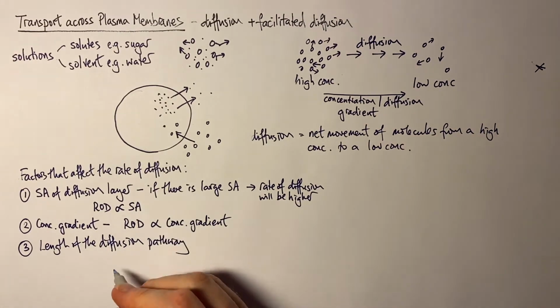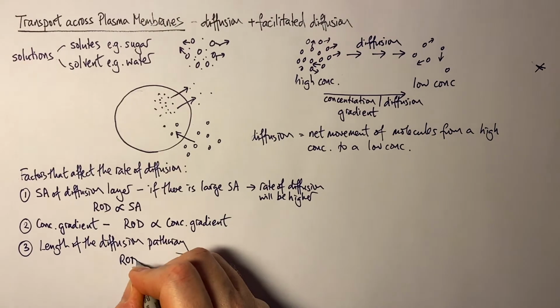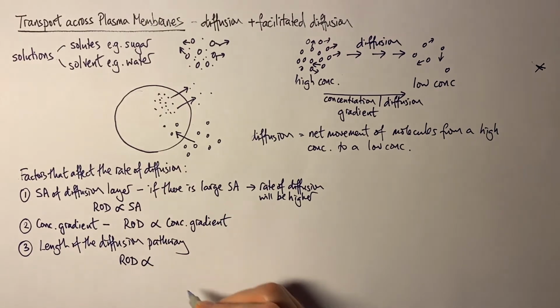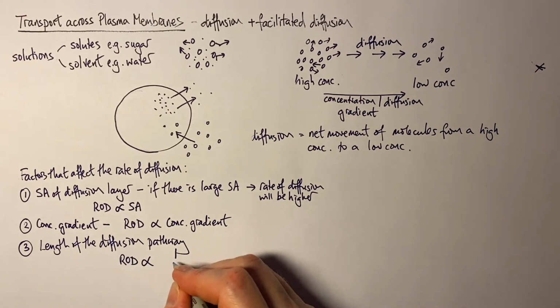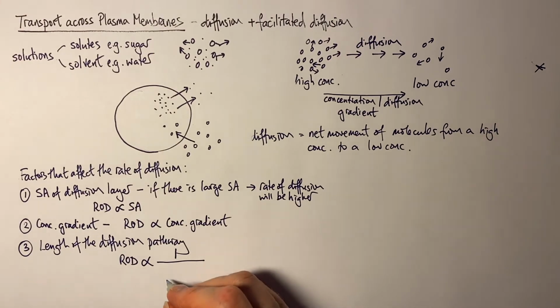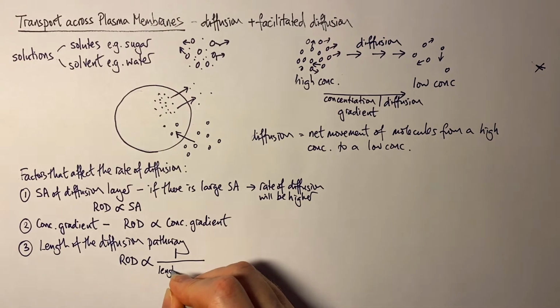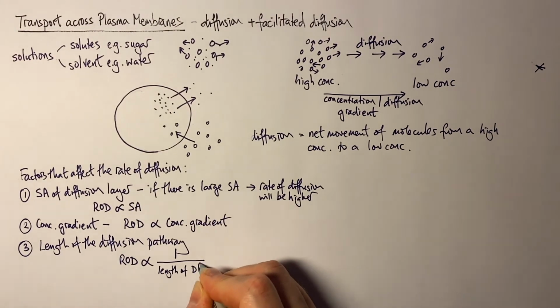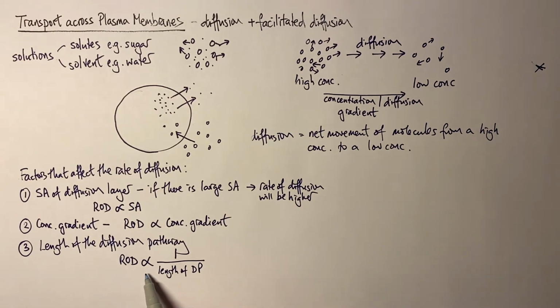So we don't say it's proportional to, we can say that the rate of diffusion is proportional to 1 over the length of the diffusion pathway. And so we say this is inversely proportional. So the rate of diffusion is inversely proportional to the length of the diffusion pathway.